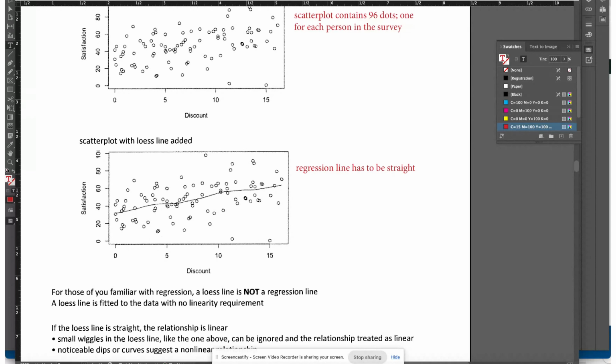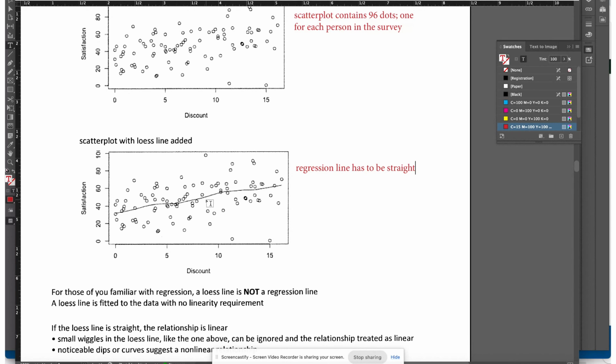Now, for those of you familiar with regression, you might say, oh yeah, that's a regression line. Well, no, a lowess line is not a regression line. A lowess line is fitted to the data with no linearity requirement, so it can do small wiggles. But if you look at that, that's really close to a straight line, right?